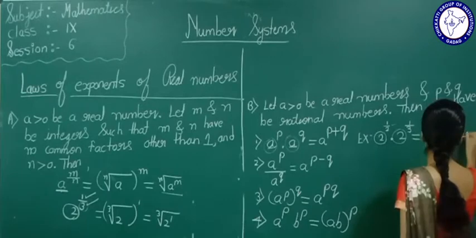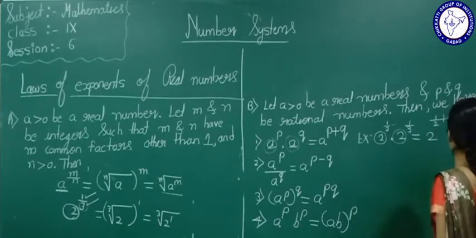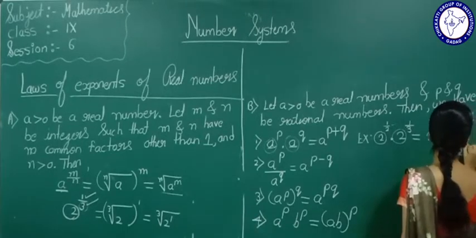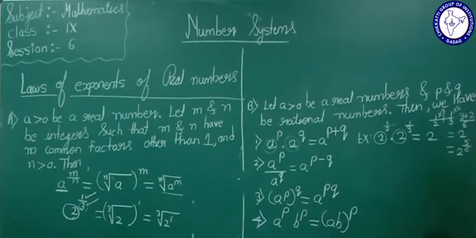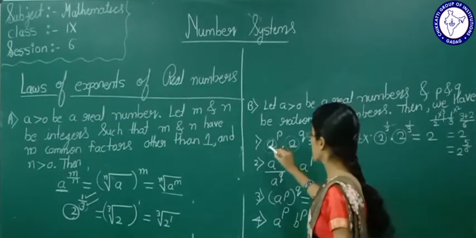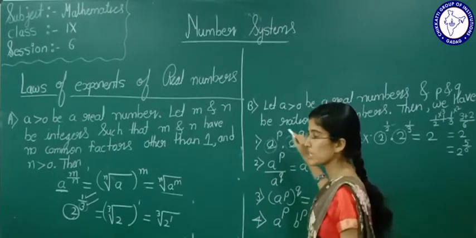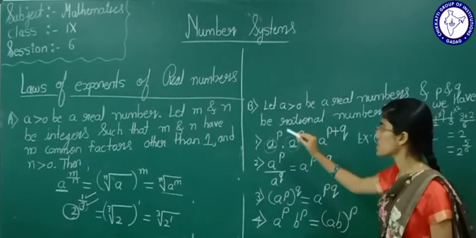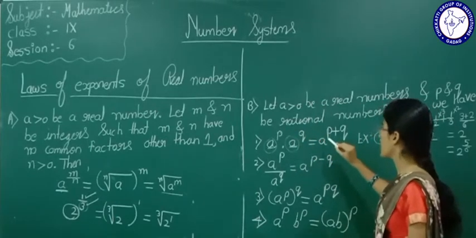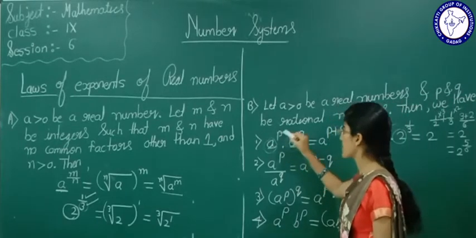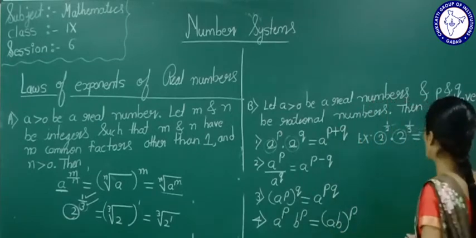The LCM of 3 and 2 is 6. 3 ones are 3 plus 2 ones are 2. It will be 2 raised to 5 by 6. So if the bases are same and the exponents are different, then a raised to p into a raised to q is a raised to p plus q, where a is a real number and p and q are rational numbers.